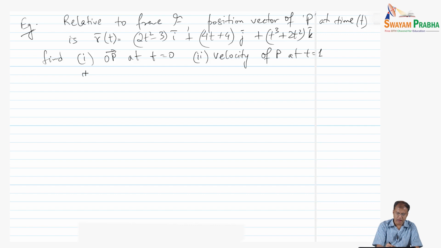And finally, the third part says you need to find the acceleration of P at time t equal to 2. All these parts should be fairly straightforward, given that we are talking about instantaneous velocity and instantaneous acceleration, and the listeners can quickly differentiate to find these values and plug in the parameter. For the position vector, the parameter is t equal to 0. For velocity, it is t equal to 1, and for acceleration, t equal to 2.